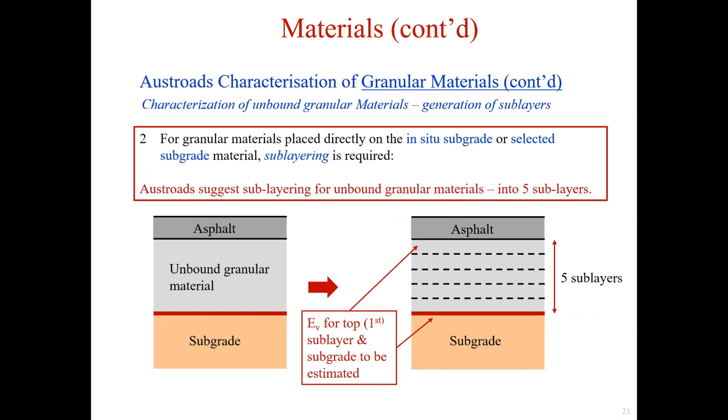If we look at the second scenario, for granular materials placed directly on subgrade with no cemented subbase, then sublayering is required. According to the authors, it is advised to divide the total thickness of the unbound granular materials into 5 equal thick sublayers.